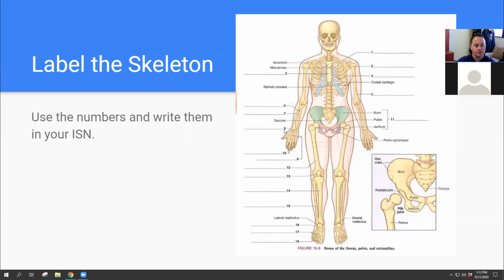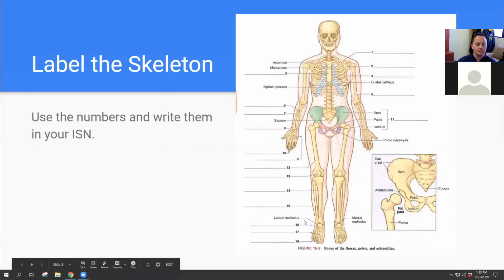If the carpals are your wrist and the phalanges are your fingers, what are the metacarpals then? Hand. Hand, okay? So the metacarpals are your hand, and the metatarsals are your foot, okay?